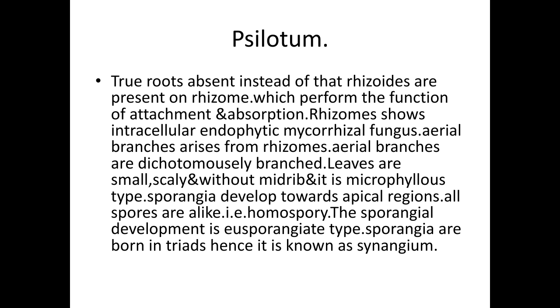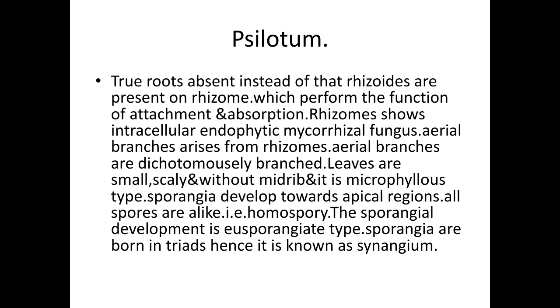The sporangia develop towards the apical regions. All the spores are alike, it means similar in size and shape, and this condition of spores is known as homosporous condition or homospory.